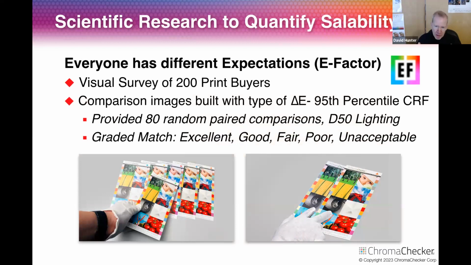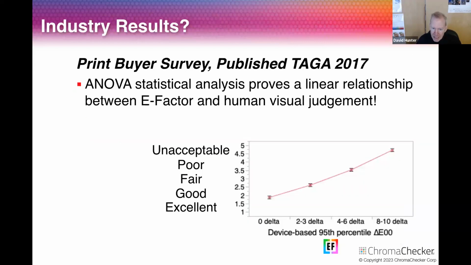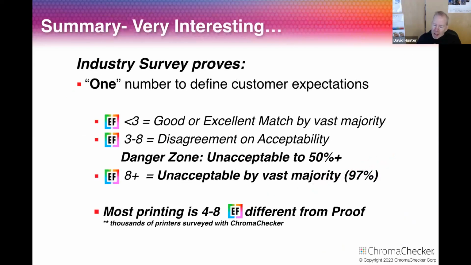So back in 2017, over 6 years ago now, we did scientific research to quantify what level of E-factor people are accepting of. And we published this data in TAGA, and we found that if the E-factor is less than 3, almost everybody accepts it. If it's more than 8, almost everybody doesn't accept it.